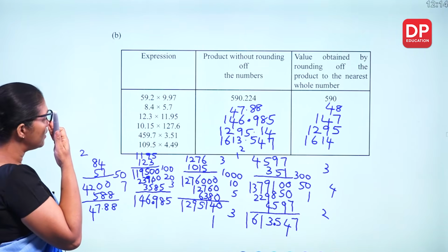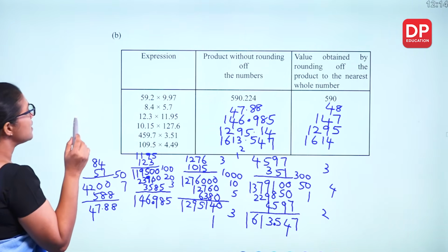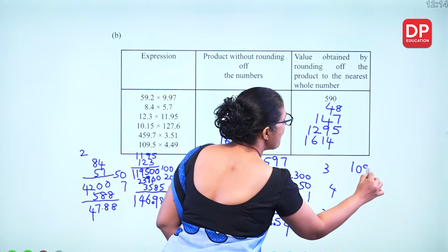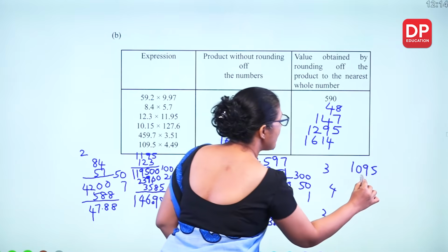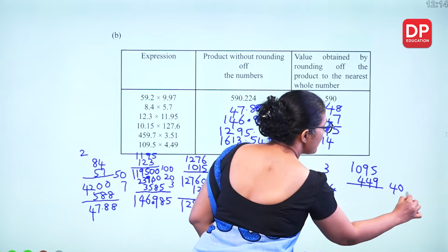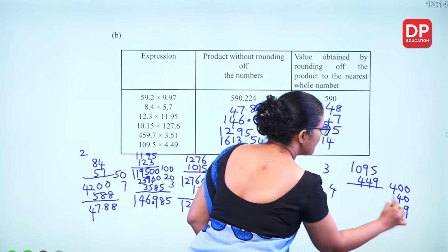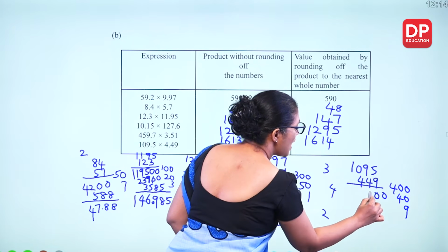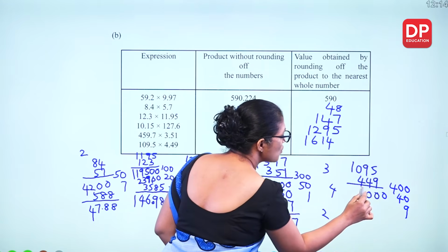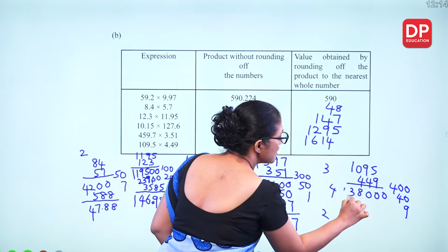The last one, 1095 multiplied by 449. 440 and 9. 2 zeros. 4 times 5, 20. 4 times 9, 36 plus 2, 38.